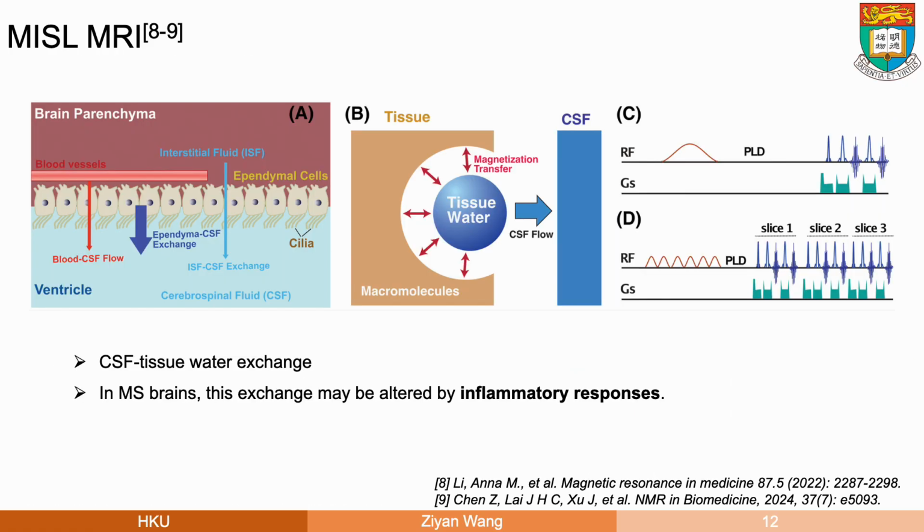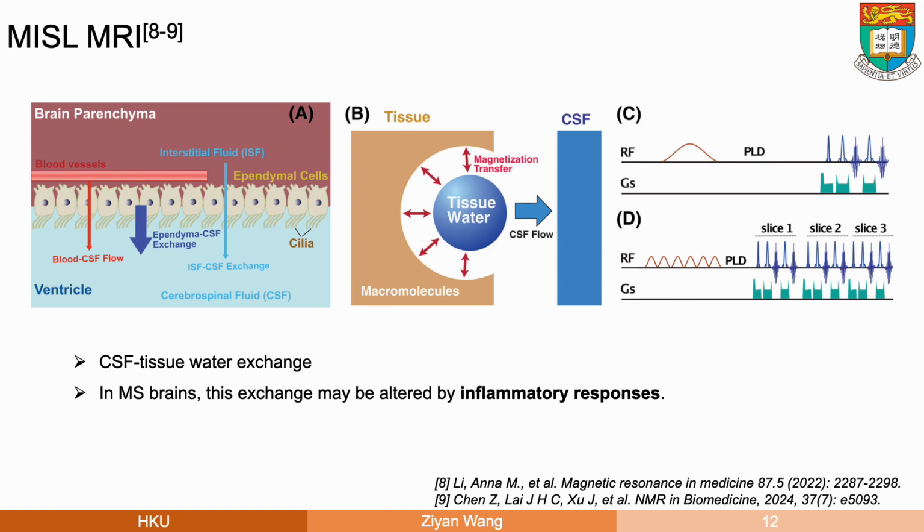MISL MRI is a relatively new saturation transfer-based MRI technique. It can quantify water exchange between CSF and brain tissue by selectively labeling water molecules in tissues through a magnetization transfer process. After that, the labeled water molecules will be transferred to CSF via CSF tissue water exchange and cause a water signal reduction.